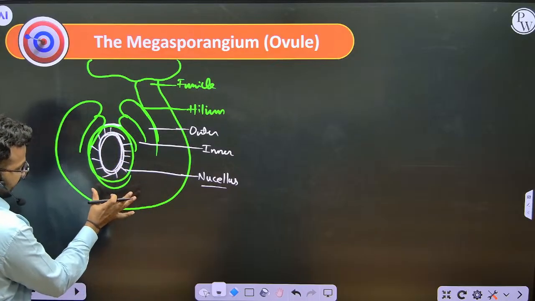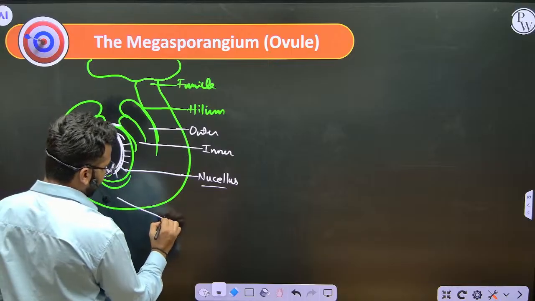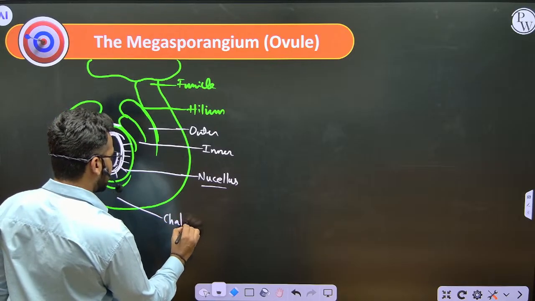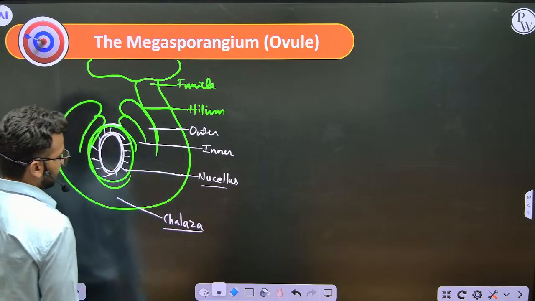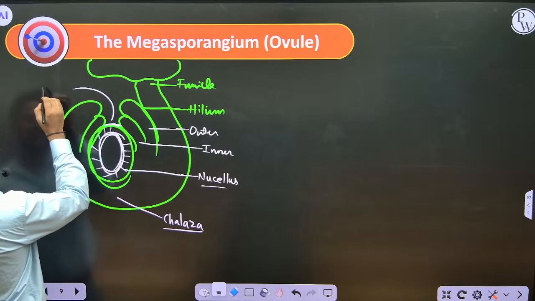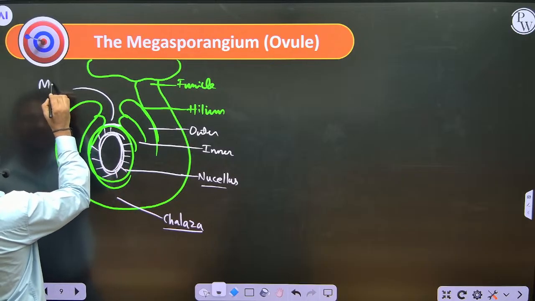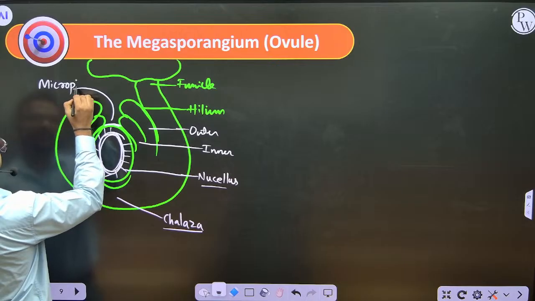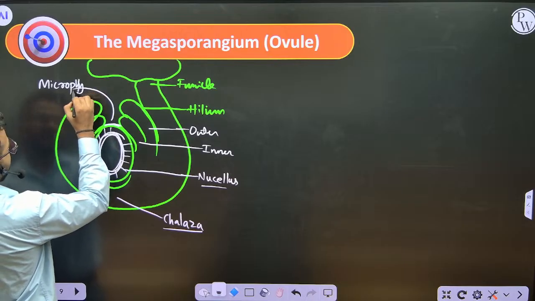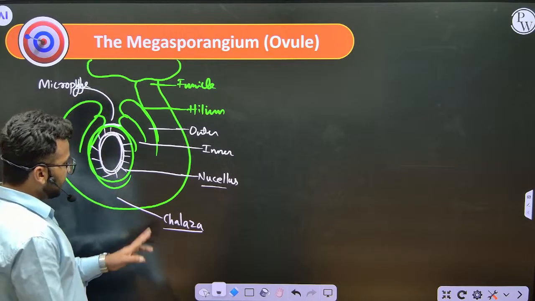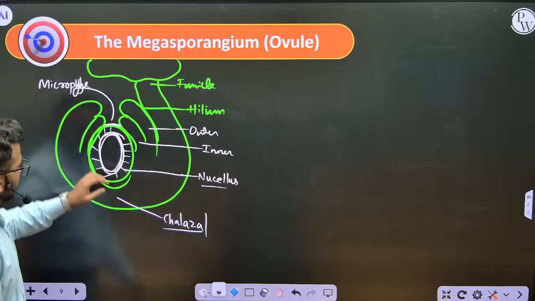And this swollen end we call the chalazal end. Chalaza is nothing but the swollen part, and the other end is the micropylar end, or micropyle.